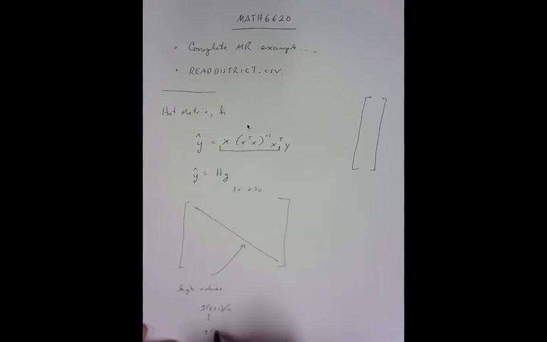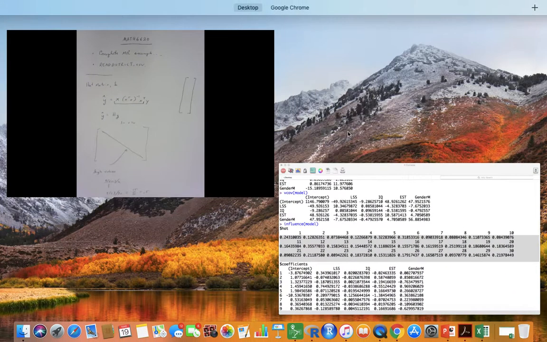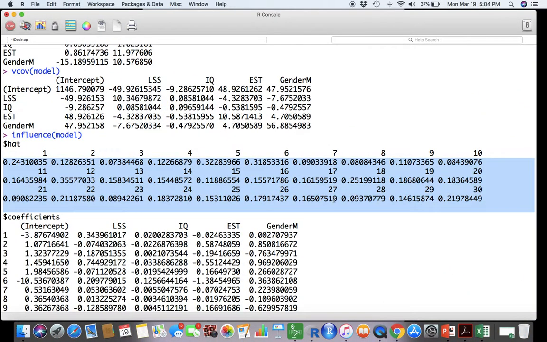So 3 times 5 is 15 over our sample size of 30. So 15 over 30 is 0.5. So guys, if we have any value here that's over 0.5, then we have a case that is exerting more than its share of influence on our model.